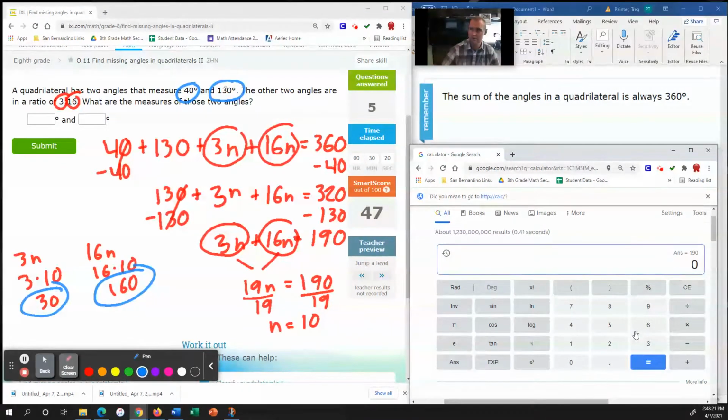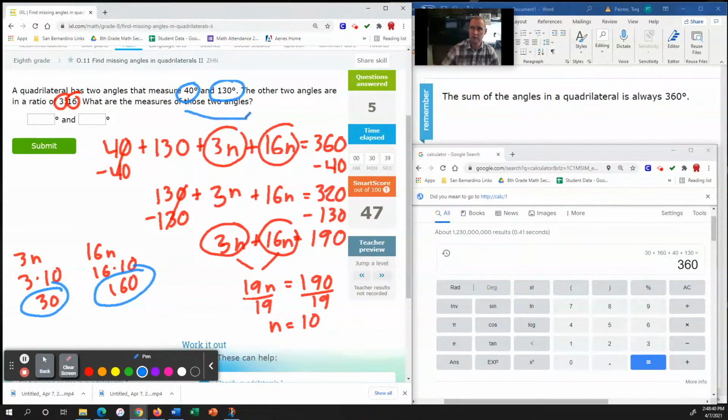So calculator check. We're going to do 30 plus 160 plus 40 plus 130 is 360. That's great. All right. Because they were asking us to measure those two angles, we just need the two angles that they were looking for.